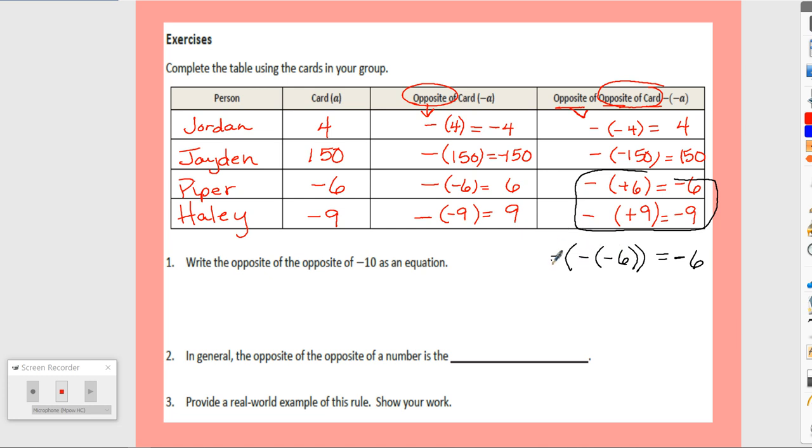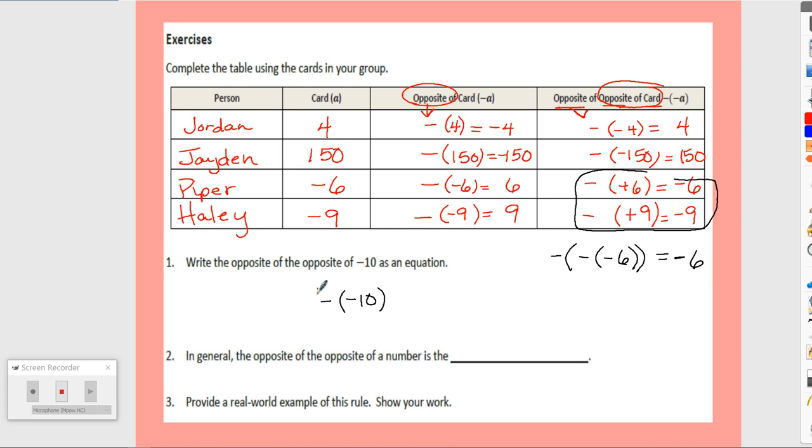So it says, number 1, write the opposite of -10 as an equation. So write the opposite of -10. So we have -10, and we want the opposite of that, and then we want the opposite of that.